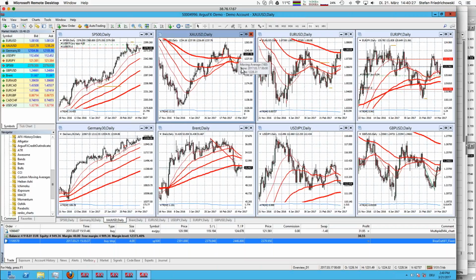Stop loss, we can use a chart here, and we have two possibilities for the stop loss. One possibility, of course, would be that high here, at that position, and a little bit more far away, another stop loss around here. So I go with my stop loss in between.